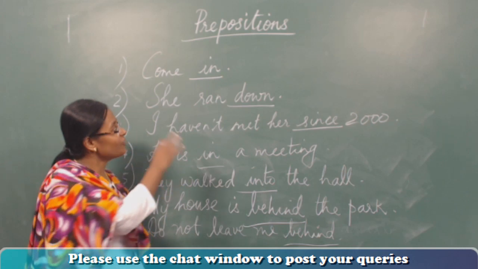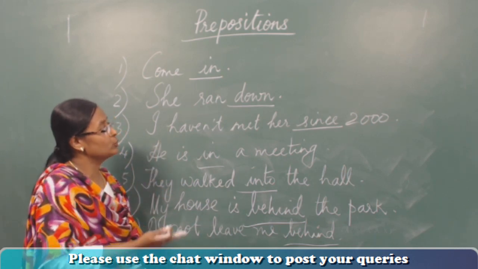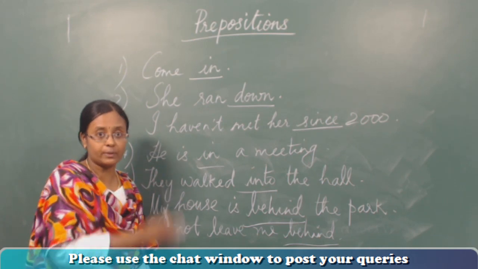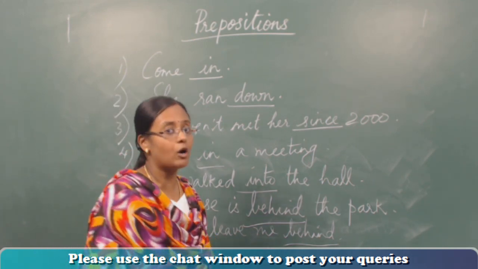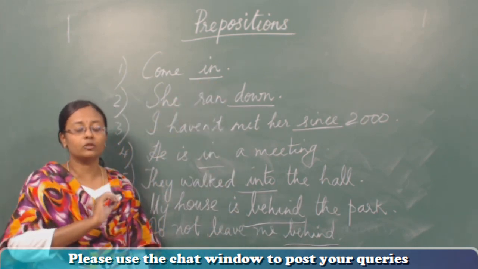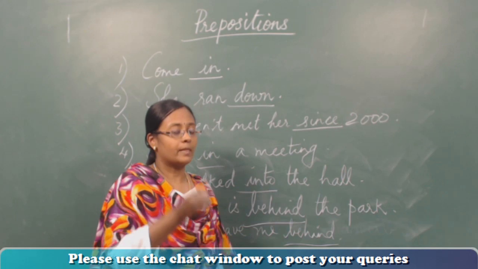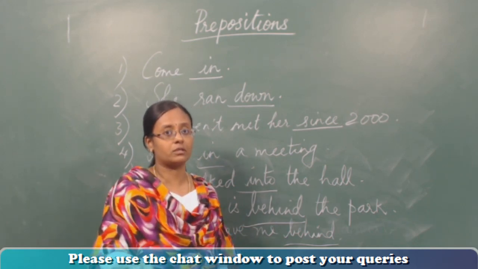The prepositions are already there. I mean, it's a mixture of both. You will find adverbs as well as prepositions. See, the exercise given to you is to find out the part of speech of the underlined word, because I've already told the same word can be used both as an adverb and as a preposition.